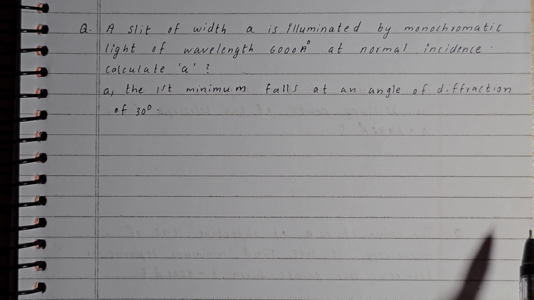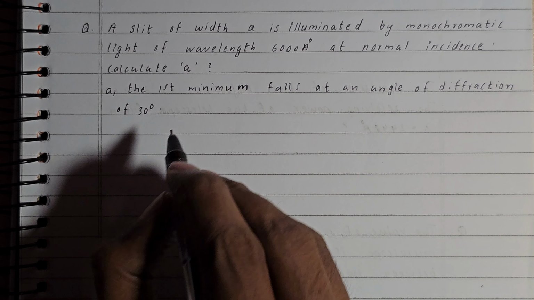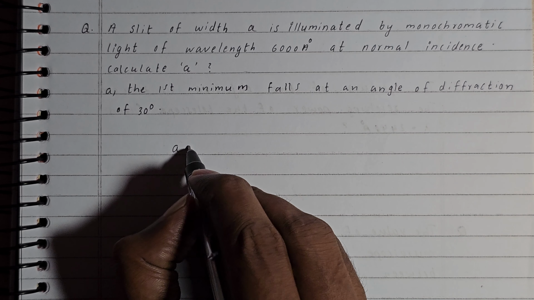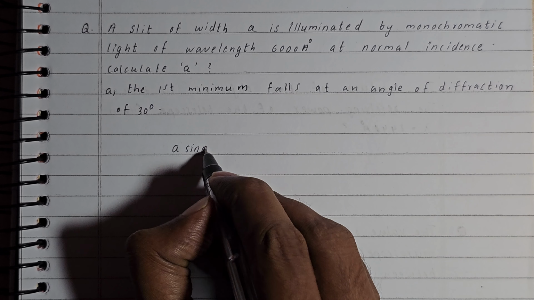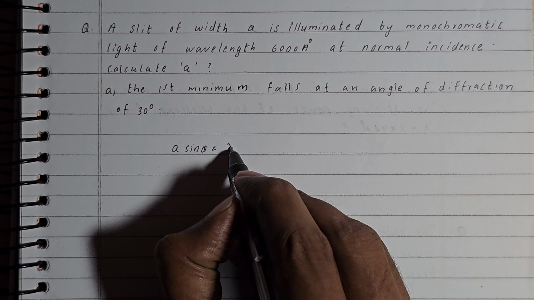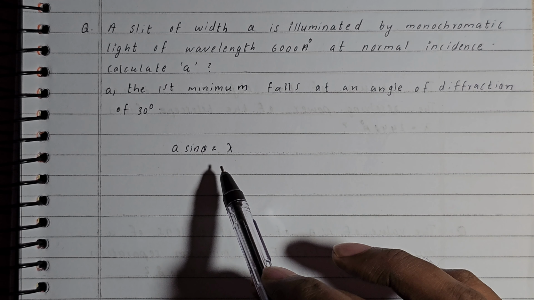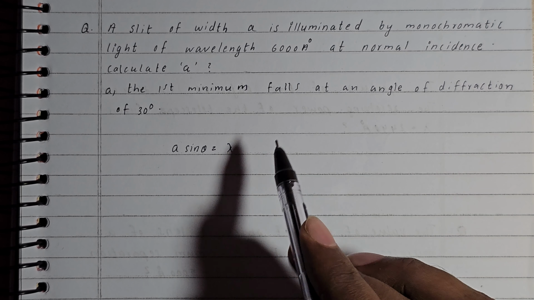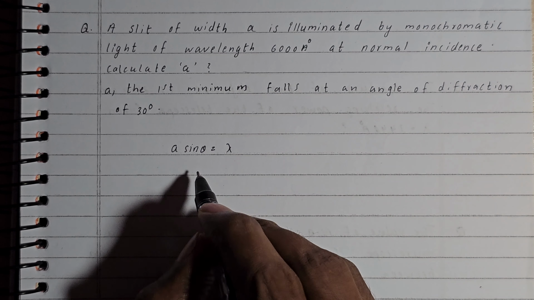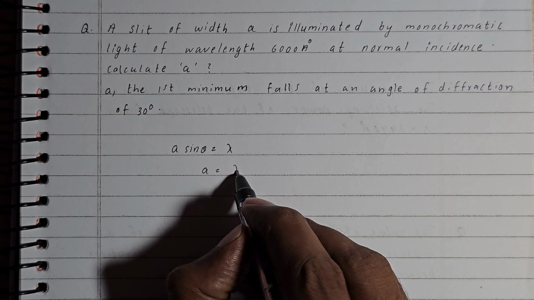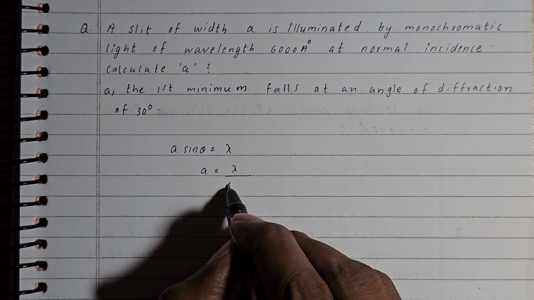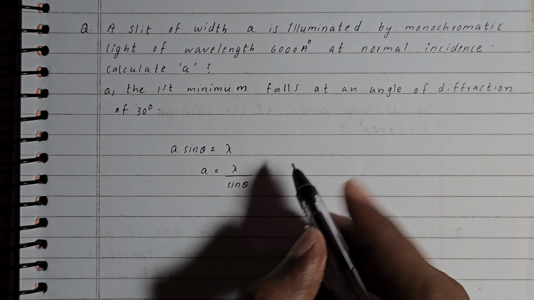So our equation, a sin theta is equal to lambda. Here first minimum, so n is equal to 1. So a sin theta is equal to lambda. Then from this, a is equal to lambda divided by sin theta.